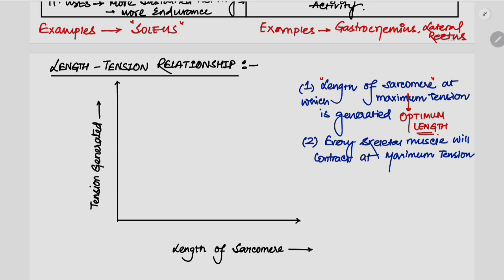And the last point is: any length beyond or under the optimum length of the muscle, the force of contraction is less, or the tension is less there.